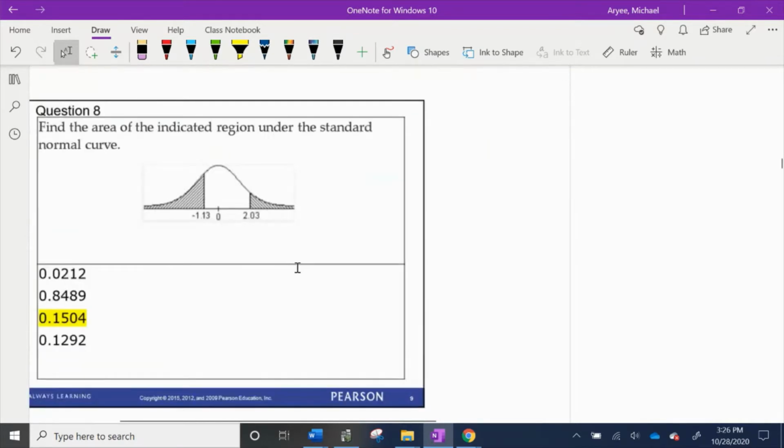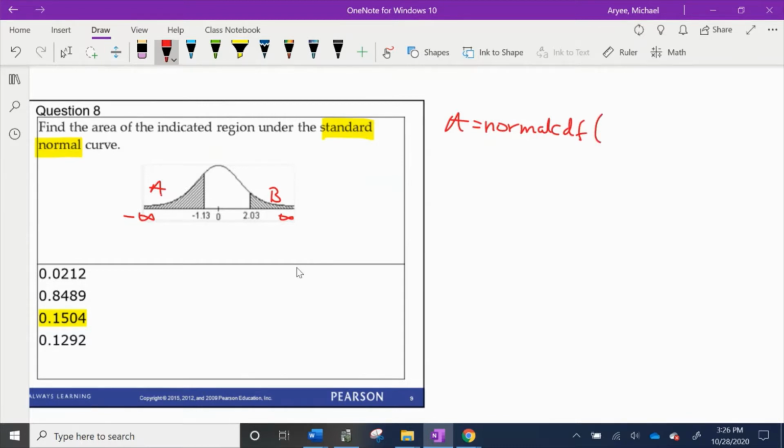Okay. Now, question 8, it's a normal. So this is a standard normal, right? This is made up of two sections, one toward negative infinity and one toward positive infinity. So call this A and call this B. As far as A is concerned, just go to the calculator and do the normal CDF. Remember, for normal we always use CDF, nothing else.